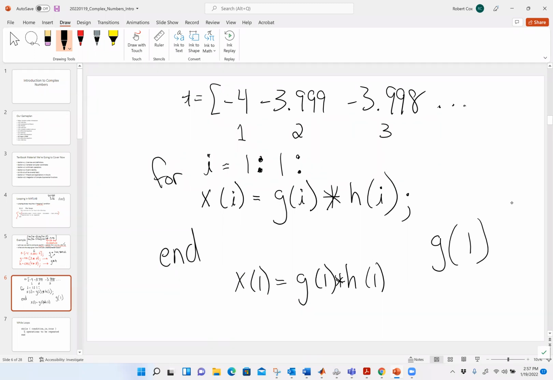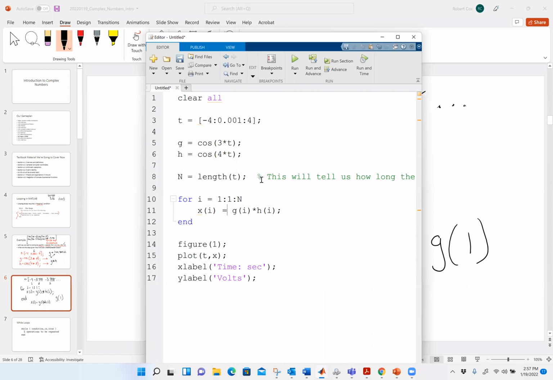That's a great question. So if I typed it in a way that's x of i equal cosine 3i multiplied by cosine 4i, would that work too? You've got to be careful like that. It's a great question. So the other way I could do this is, let's say I wanted to make another variable. I'll do it this way, y of i.